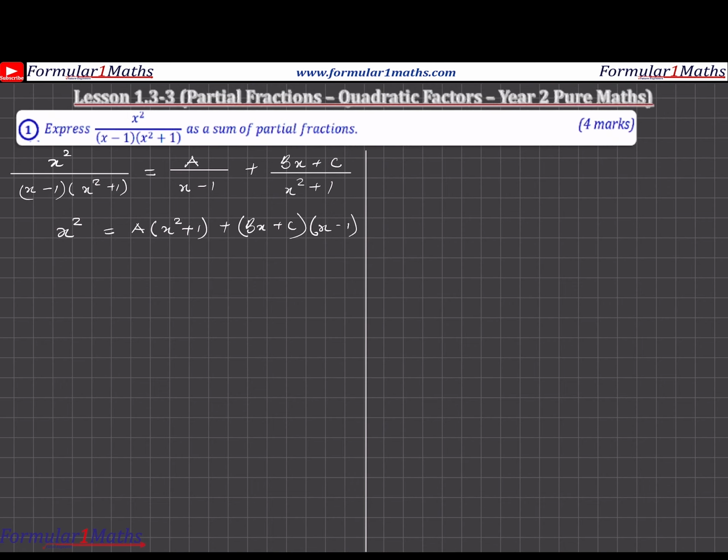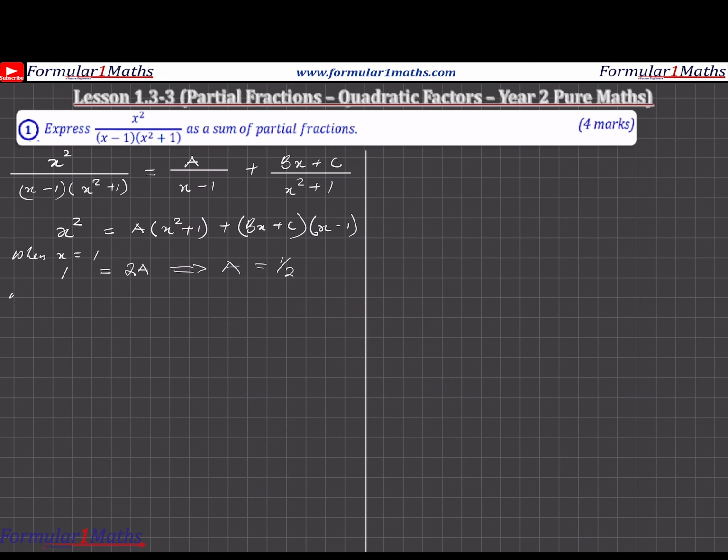And then I'll do the appropriate substitutions. So say when x equals 1, then the whole of this term becomes 0 because x minus 1 is 0, and 0 times all that becomes 0. And I will have 1 squared, which is 1, on the left-hand side, equals 1 squared is 1, 1 plus 1 is 2, so I'll have 2a here. And this implies that a equals half.